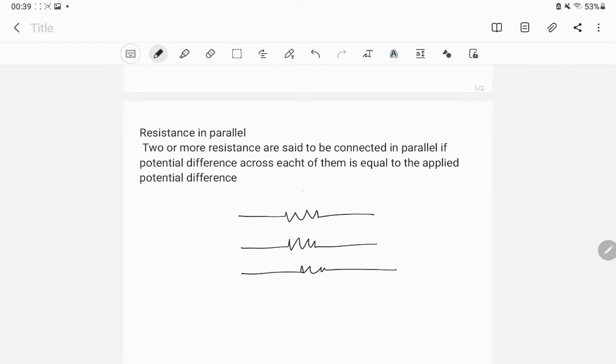Here also I will take three resistances, R1, R2, R3, connected in parallel. The potential across all these individual resistances should be equal. They are at the same points, so their potential is the same.